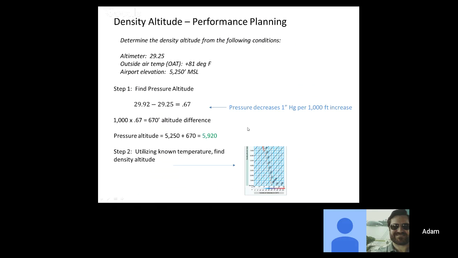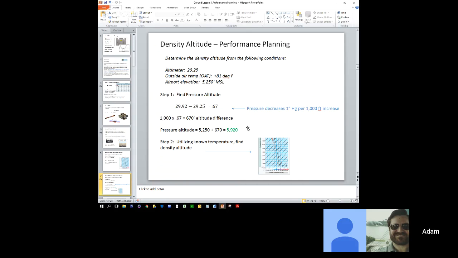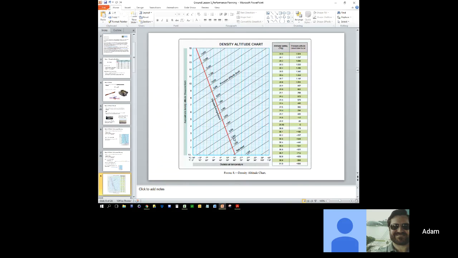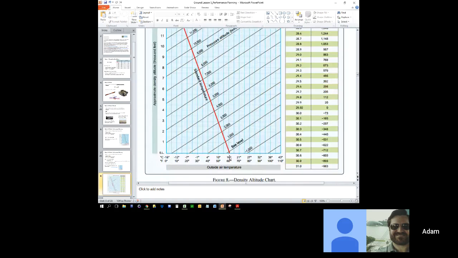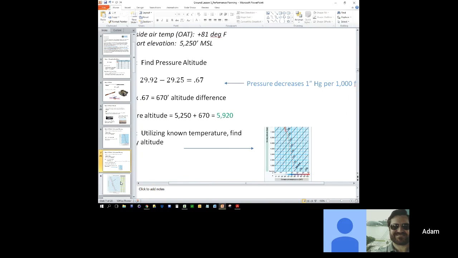Knowing this, we can come down here and utilize this nifty chart, which you'll become familiar with as you study for the written test. We'll find our pressure altitude of 5920, let's just call it 6,000 feet, and our actual temperature of 81 degrees.